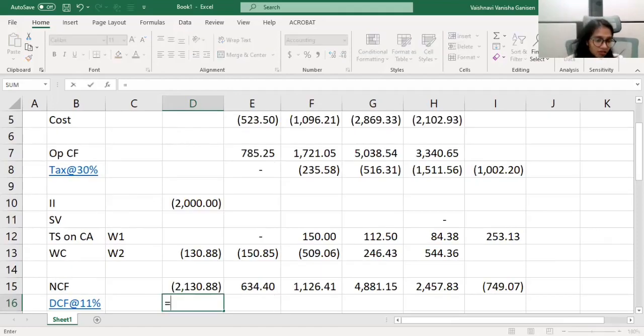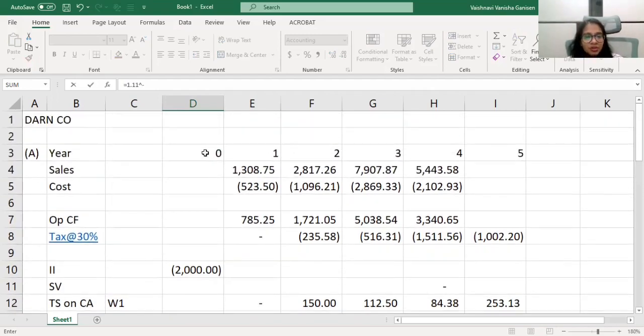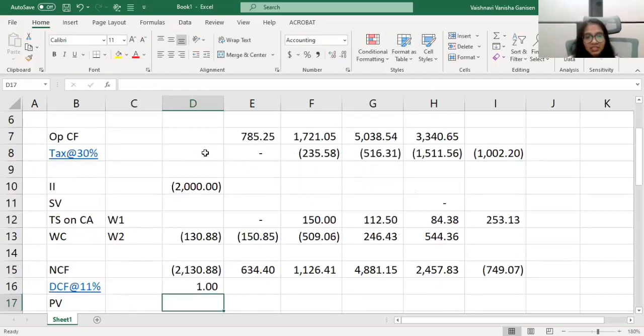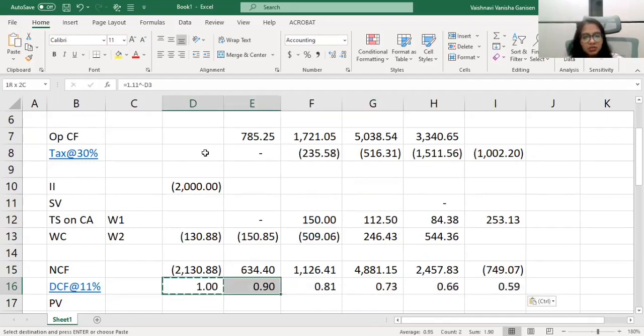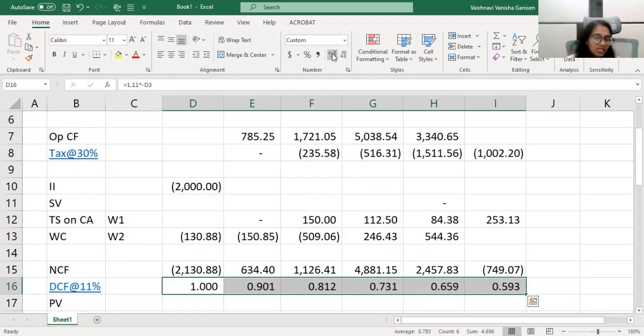Equals to, see, your discount factor is 11%, right? 1.11 to the power of negative, you scroll up, you click the year, you enter. Now you copy and you paste sideways. You will realize that this is exactly the answer from the examiner's formula sheet.